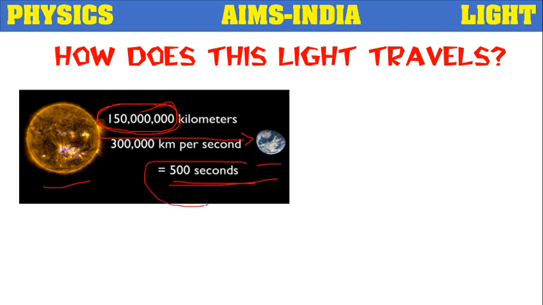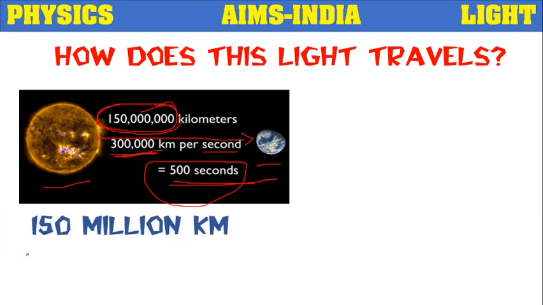Only in 500 seconds. It is only because of its greater speed. It travels with a speed of 3 lakh kilometers per second. That's why 150 million kilometers will be covered in 8 minutes and 20 seconds approximately.